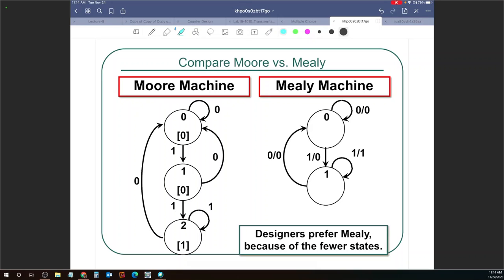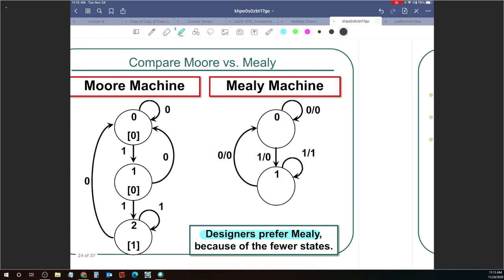So the designers are more likely to prefer Mealy because of that reason. Moore required more, yes. That's a very good way of remembering that.